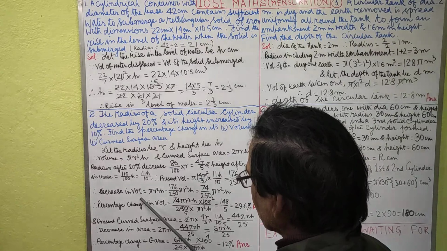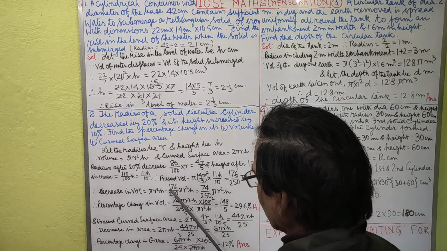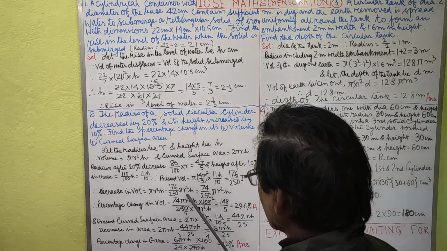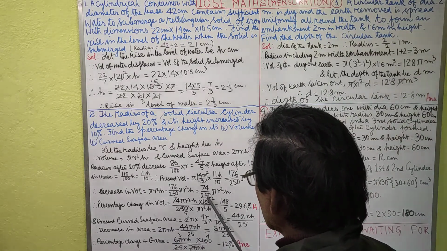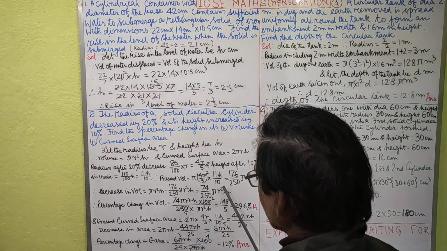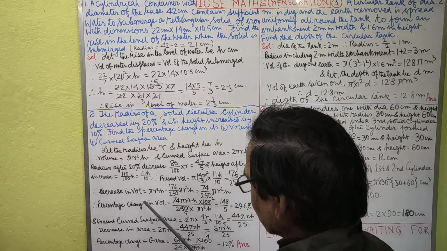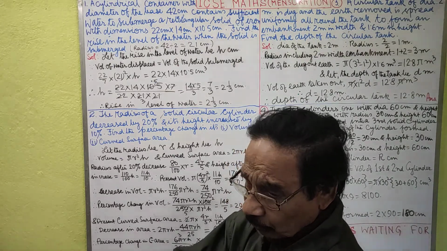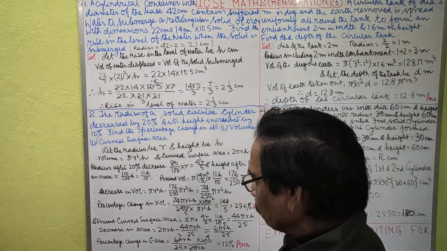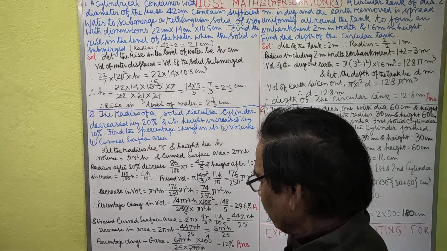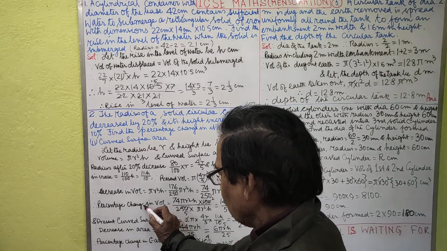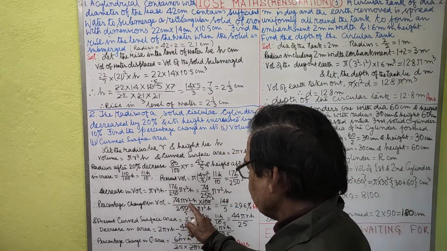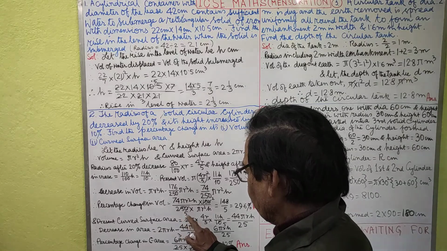Therefore decrease in volume is pi r square h minus 176 by 250 pi r square h, that is 74 by 250 pi r square h. This is the change in volume, that is decrease. Therefore percentage of change will be change into 100 by original.